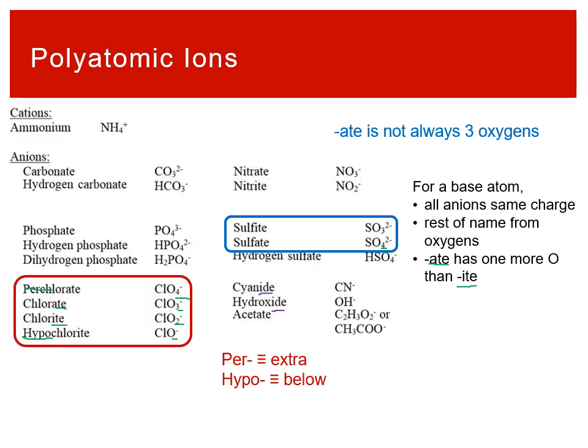That's not true. Sulfate has 4 oxygens. The pattern is that ate and ite always differ by 1, but there's not necessarily any restriction on how many oxygens there are in the ate one. Generally, the ate one just corresponds to the most common one, and that's where that comes from.